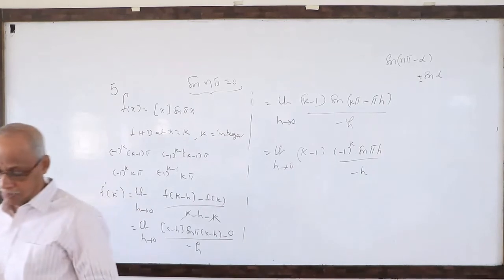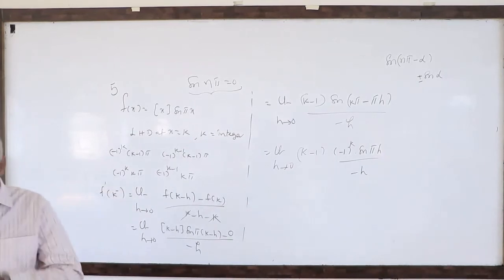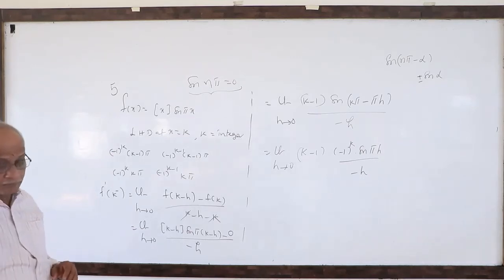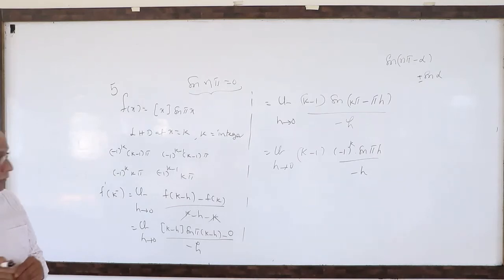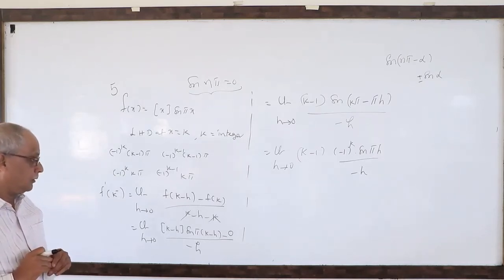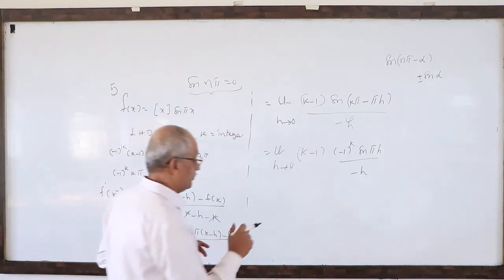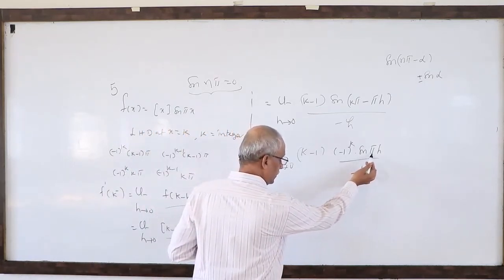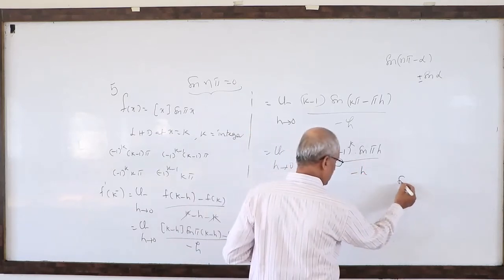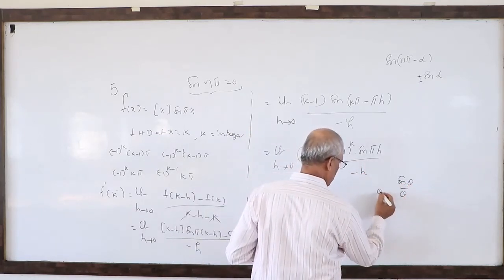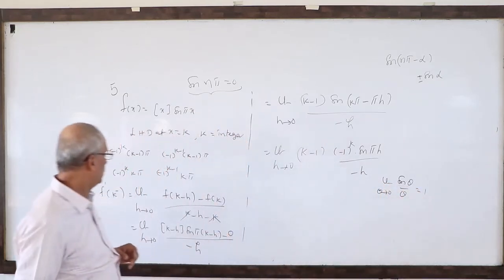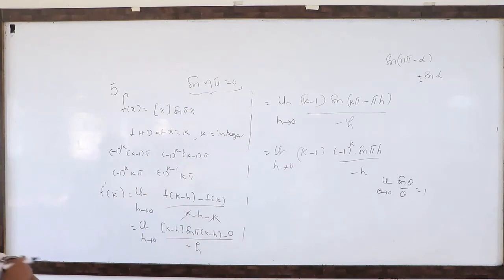Okay, minus h. Now, what will we do here? See, we need sin theta by theta, theta tends to 0, which is 1. So what is here?